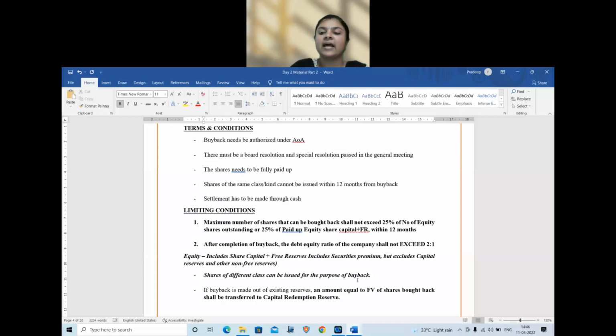So the CRR creation formula will be: CRR is equal to face value of equity bought back minus face value of shares issued, which is of a different class.